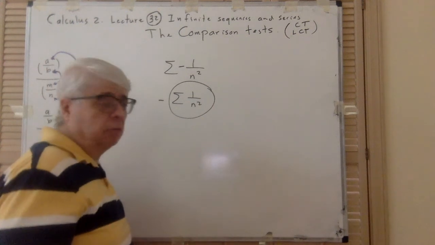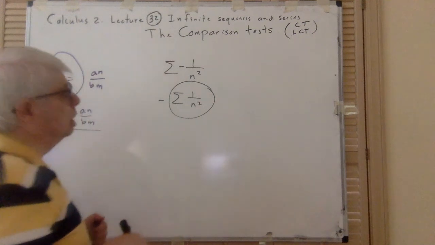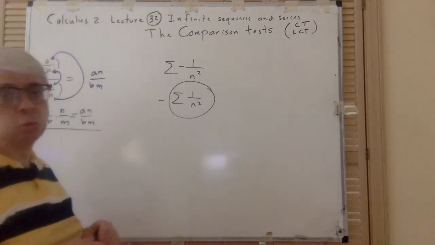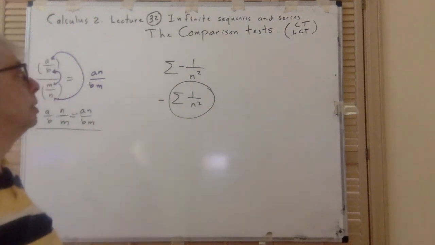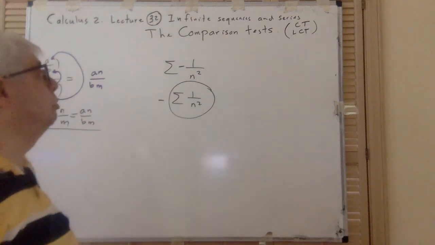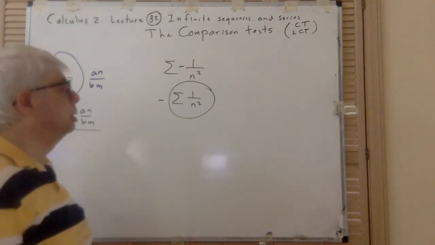This is a negative number, but minus that is also finite. We will see these things in the next section, which I'm not going to start today. I don't have time, but the next section, in fact, deals with things like this.